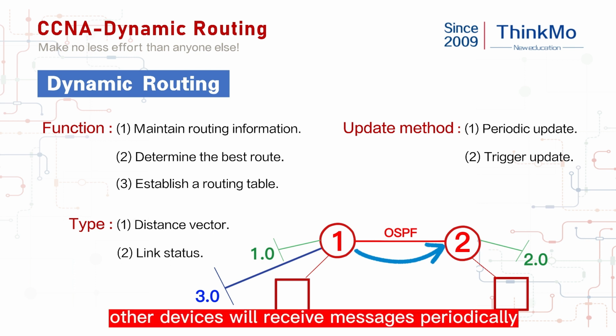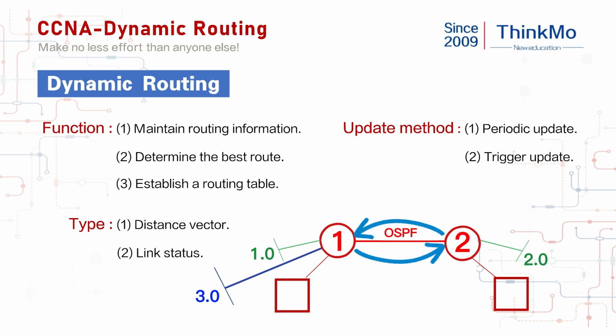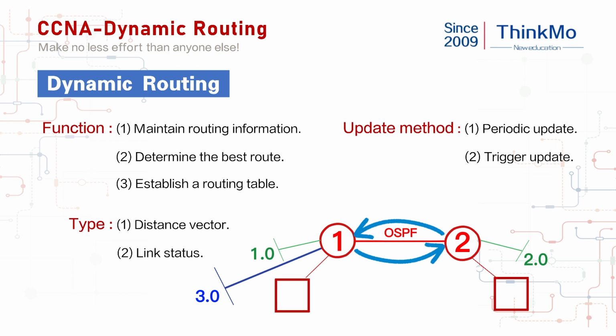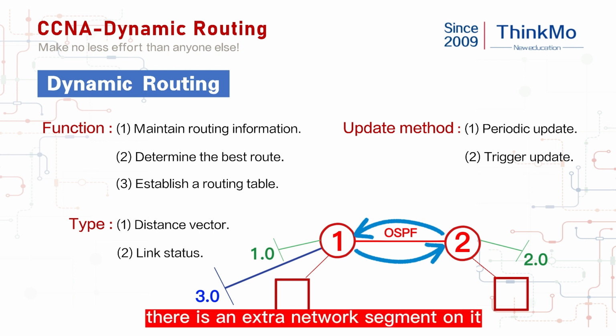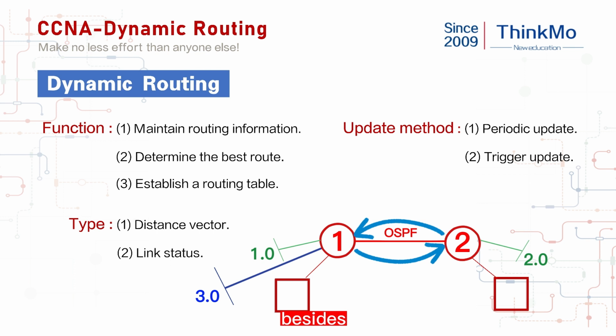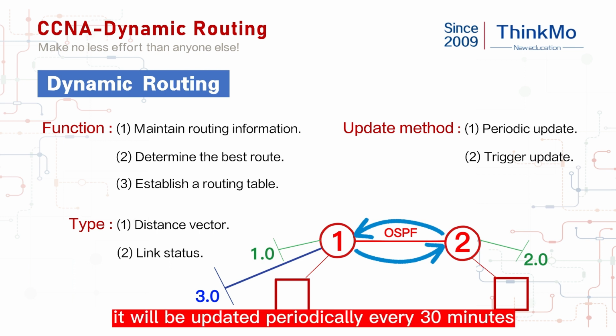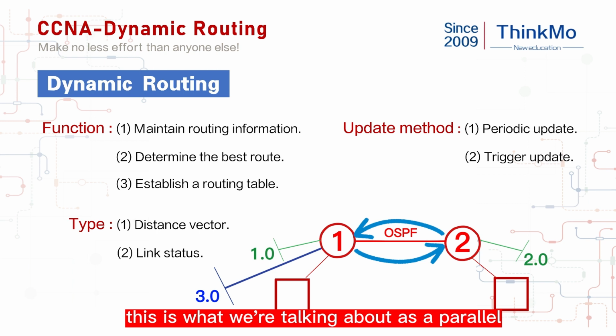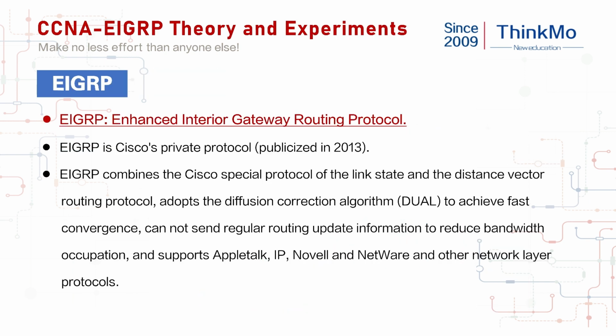Other devices will receive messages. It is a triggered update: as long as there is an extra network segment on it now, it will tell other devices that there is an extra network segment on it. Besides, it will be updated periodically every 30 minutes. This is what we mean by the parallel between the two.